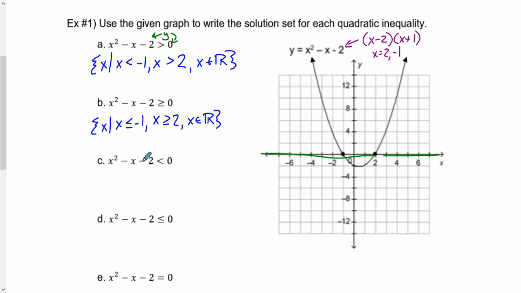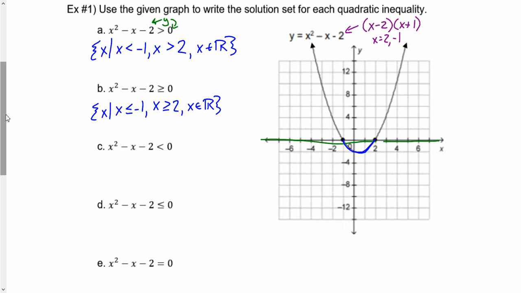If we're asking where is x squared minus x minus 2 less than 0, let's talk about where it is below the x-axis. Well, it's below the x-axis in this entire part right here. You'll notice that these questions look very similar to our piecewise, because we had done those inequalities when we had done our absolute values.